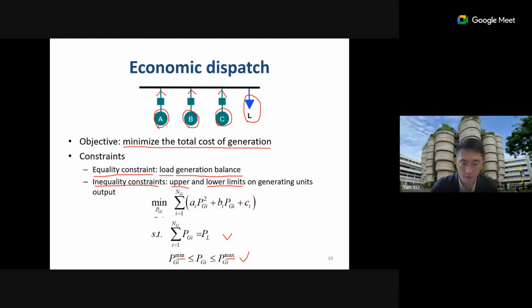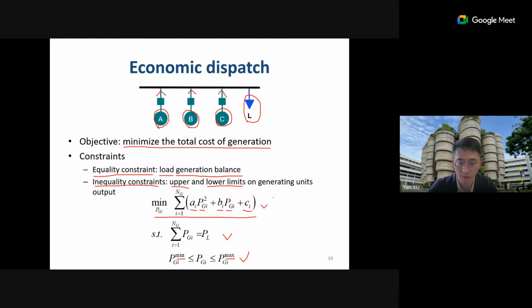In terms of the objective function, sometimes we use a quadratic cost curve to denote the generation cost of the generator. So basically, you can see that the generation cost of generator i equals coefficient a_i times the square of the power output, plus coefficient b_i times its power generation output, plus a constant c_i.